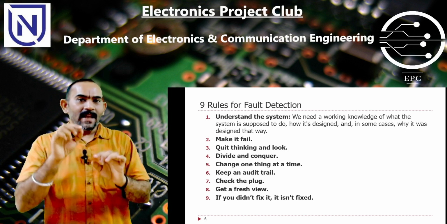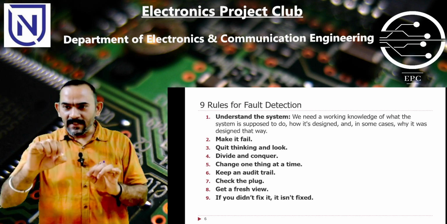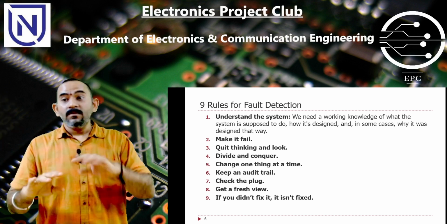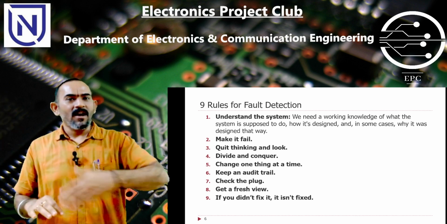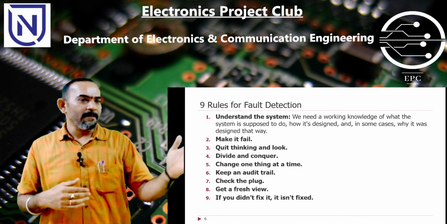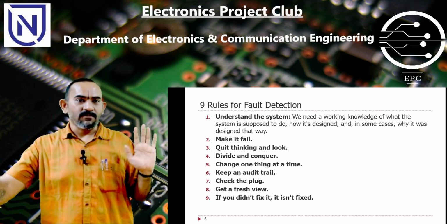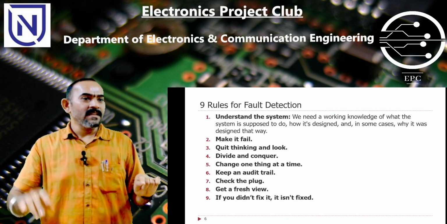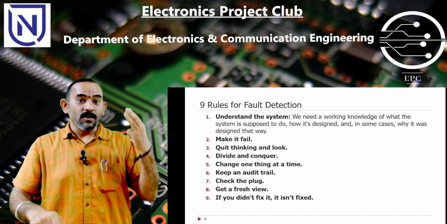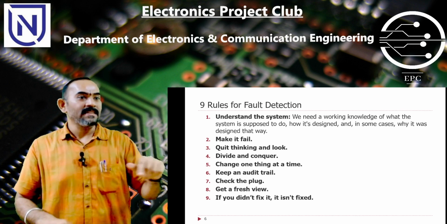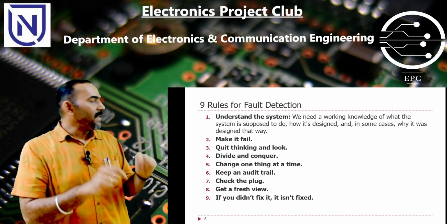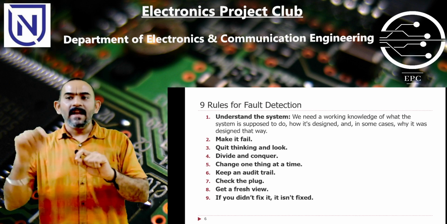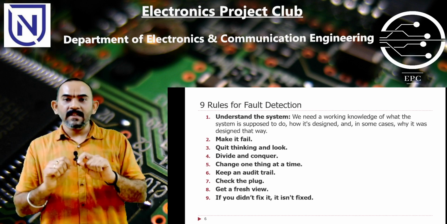What I need to do is individually change one resistor and check whether that fault exists. Now one thing I can do to save time is replace all 3 together and see that it works fine. Now the board works fine, but I don't know the reason which caused that fault, whether it was one of the resistors or all 3 resistors. So whenever I am changing something in a system, I have to change one thing at a time and check. This is what is required.